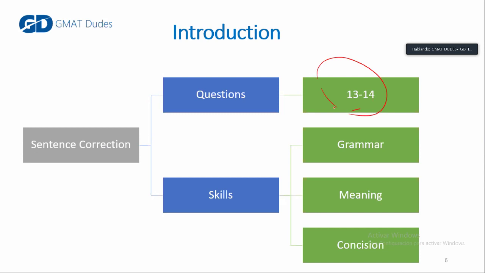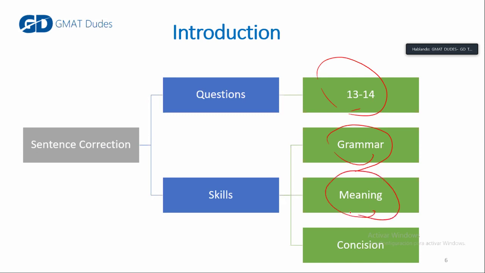The sentence correction section evaluates your grammar abilities, and by grammar, I don't mean basic English grammar. I mean very highly sophisticated grammar. Basically, they want to know if your grammar is fundamentally perfect. So you have to have a seriously good theoretical foundation.